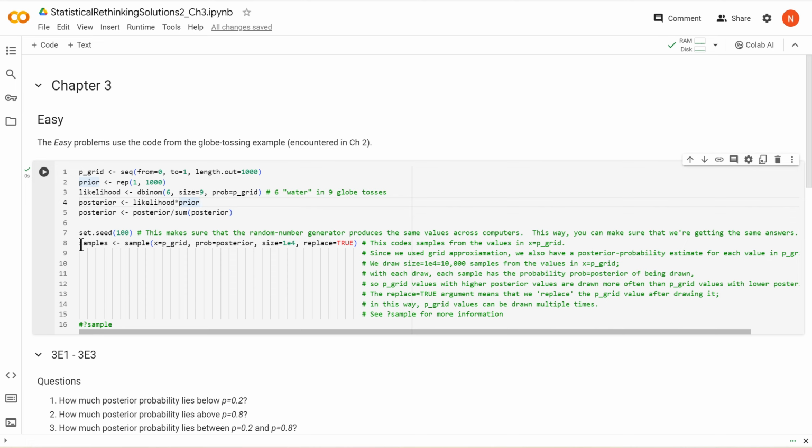And then we sample from that posterior distribution. I talked about that in the video just prior to this, so look at that if you need a little bit of clarification. But we sample from that, and then we're going to ask questions about this posterior distribution by messing with these samples.